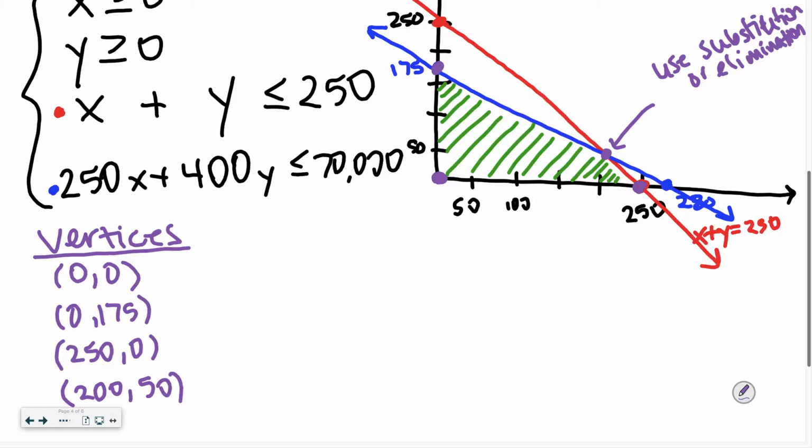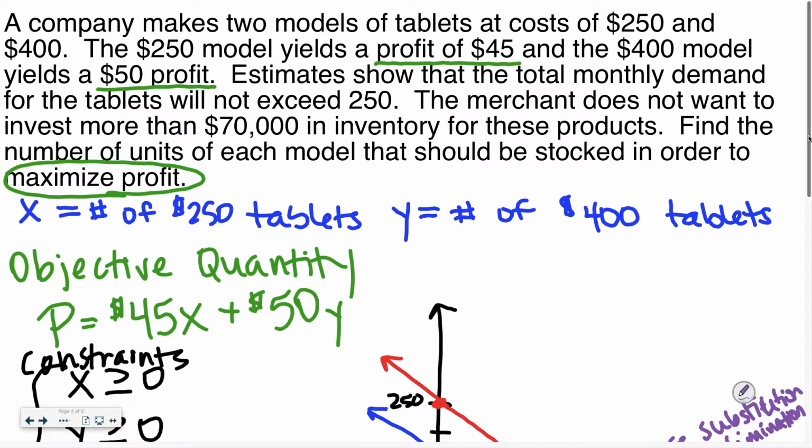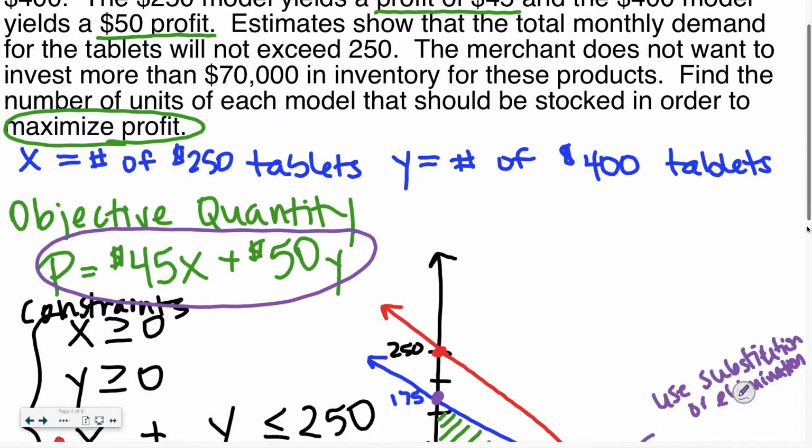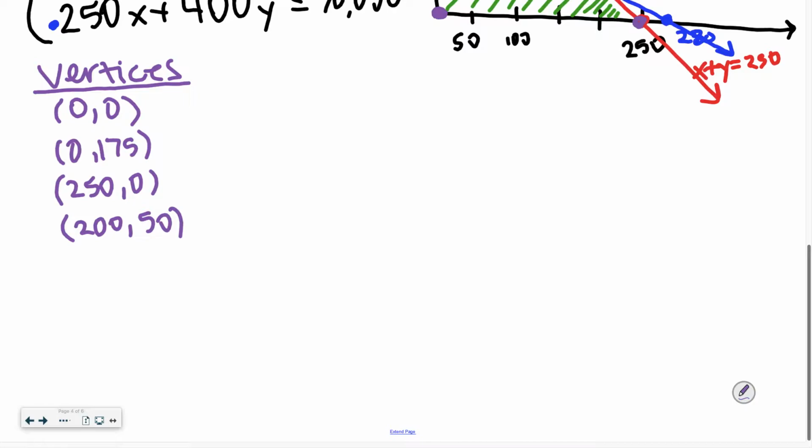Now, what do we do with our vertices? We wrote this objective quantity right here, because we're trying to answer the question, how many models should we order to maximize profit? So 45x plus 50y would give us a $0 profit here.